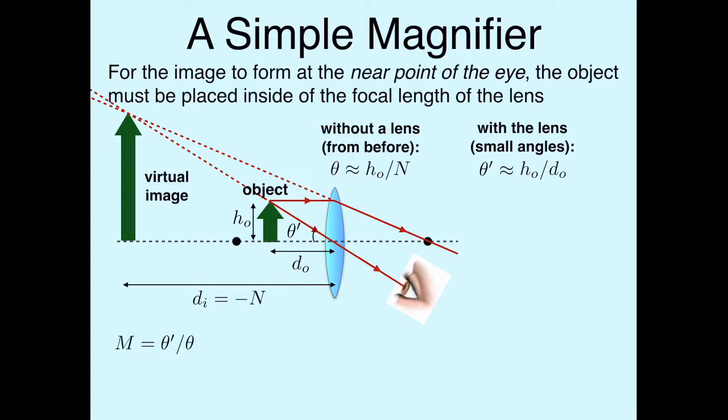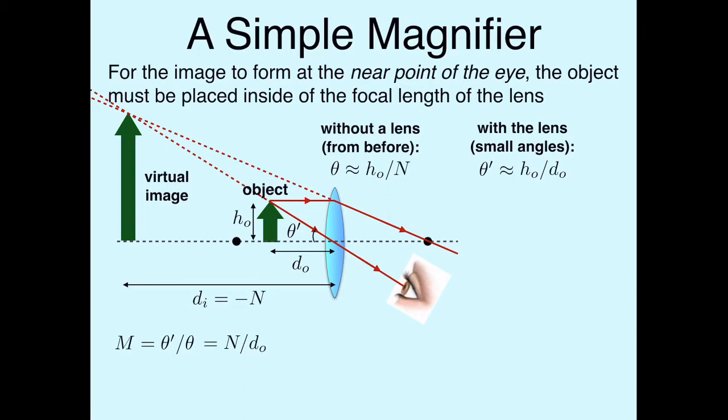So if we want to know the angular magnification then, provided by this lens, that's theta prime, what we get when we have the lens, divided by theta, which is without the lens. So we're taking HO over DO and dividing by HO over N. So HO will cancel out and we'll only be left with N divided by DO.